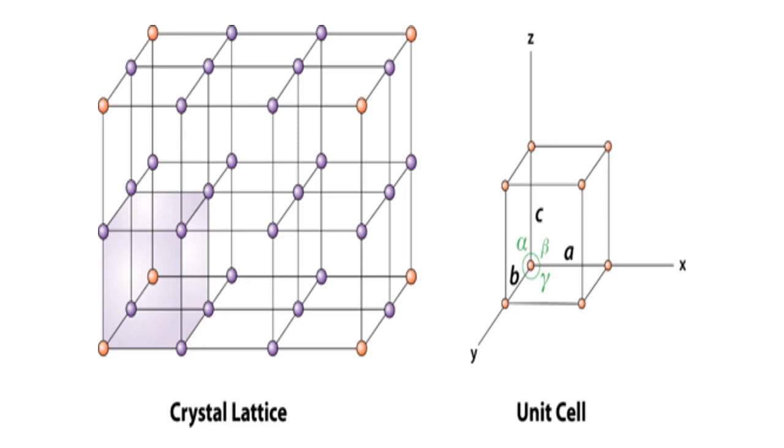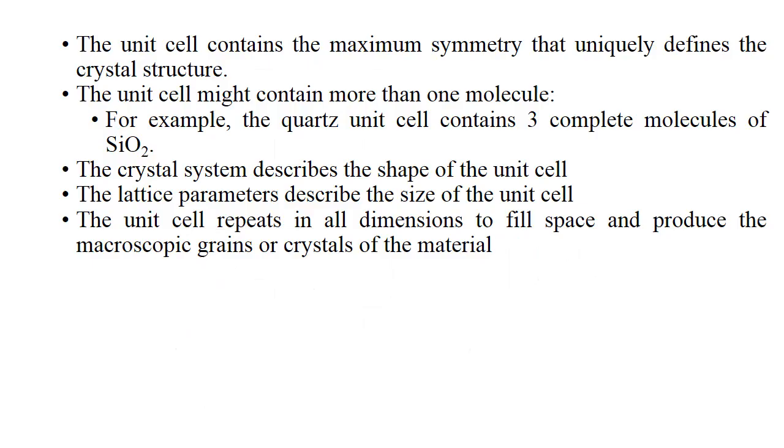And on the left side is the crystal lattice, which is made by combining the unit cells. The crystal system describes the shape of the unit cell. The lattice parameters describe the size of the unit cell. The unit cell repeats in all dimensions to fill space and produce the macroscopic grains or crystals of the material.